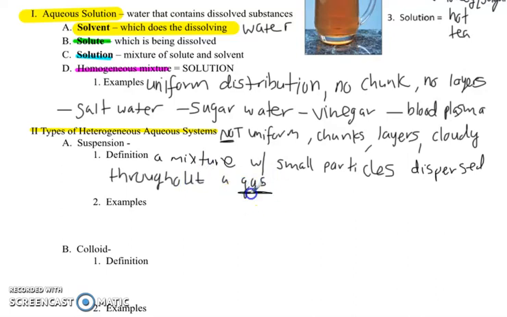So make sure you underline that. It could be either a gas or a liquid. So we have some small particles. What could some examples be? Anyone think of one where it's a suspension?